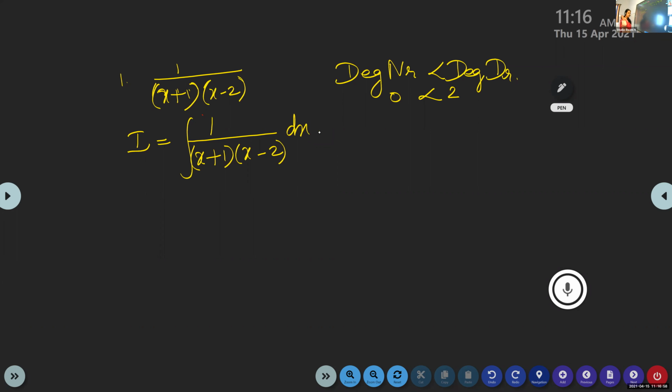In order to integrate this, listen children, what I am going to do is this: 1 by (x plus 1) into (x minus 2) is given as linear factors. So I'm going to write this as a by the first factor plus b by the second factor.